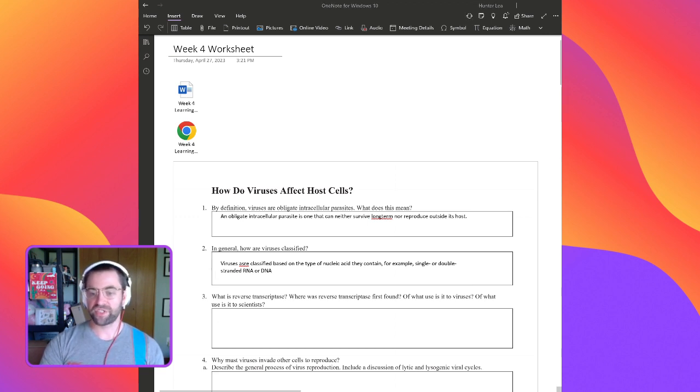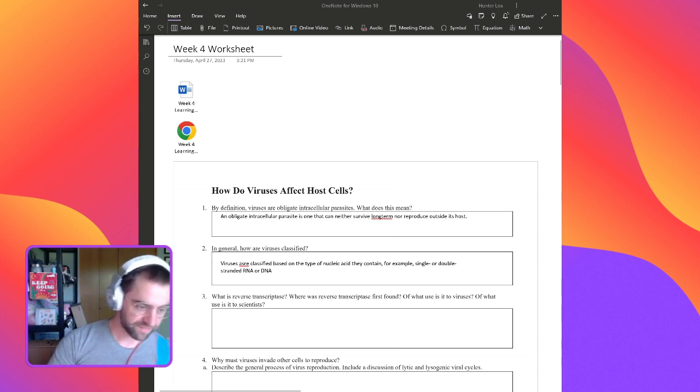So what is reverse transcriptase? Where was reverse transcriptase first found? Of what use is it to viruses? Of what use is it to scientists?